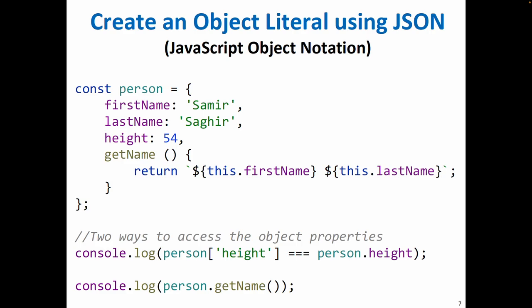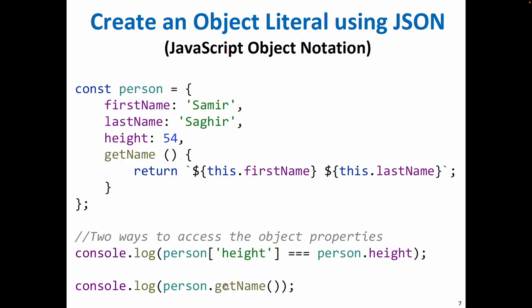Like Java, you can access it with class name dot attribute name, person.height, or you can treat it like a dictionary as in Python, and say person between the square brackets and give the attribute name. So both are valid to access an attribute in JavaScript.